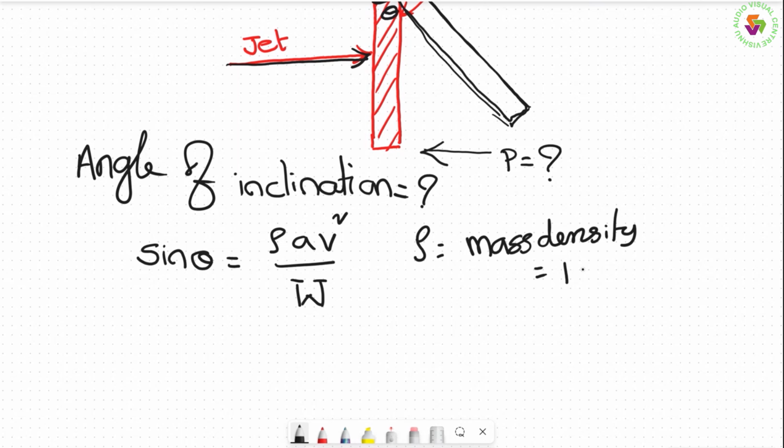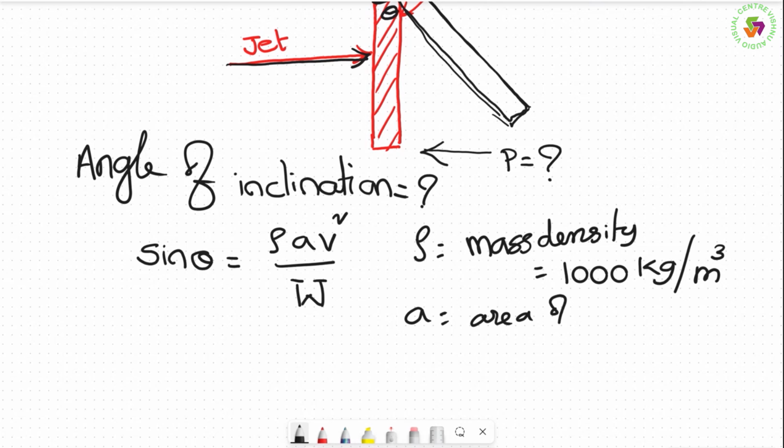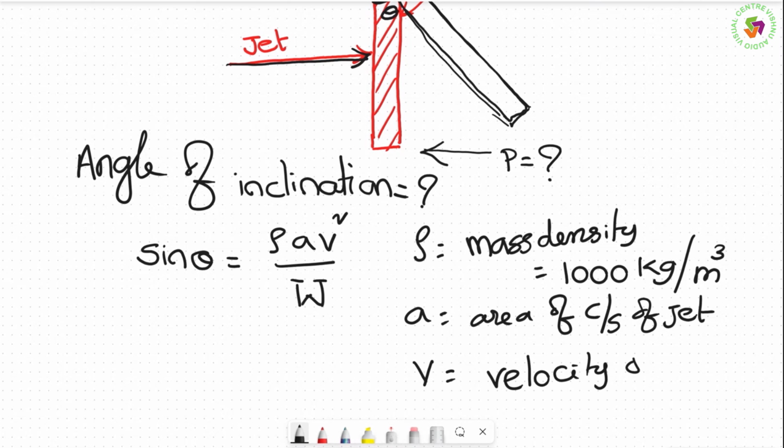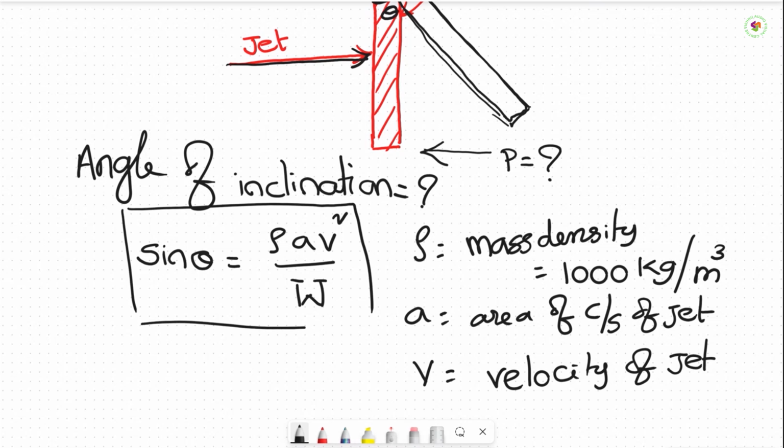Generally, we are taking only water, which is 1000 kg per meter cube. A is the area of cross section of the jet, that will be given to you. V is the velocity of the jet, that also will be given to you. This is the formula that you should remember.